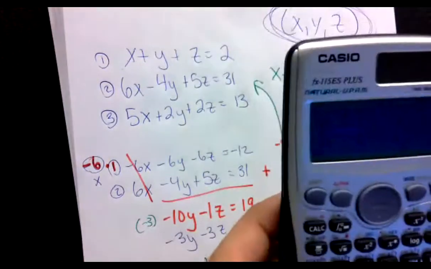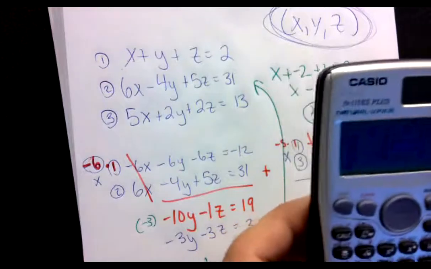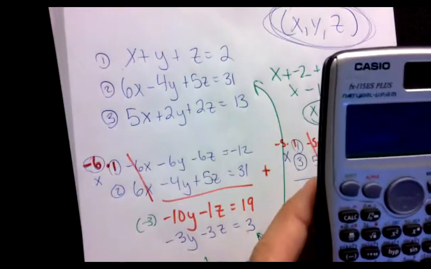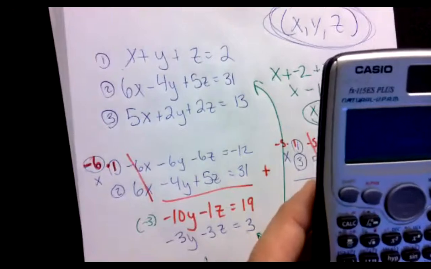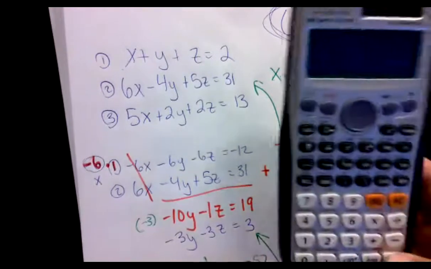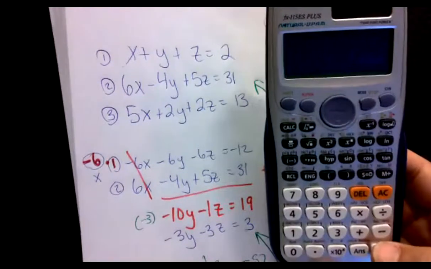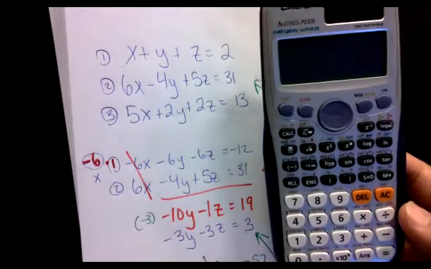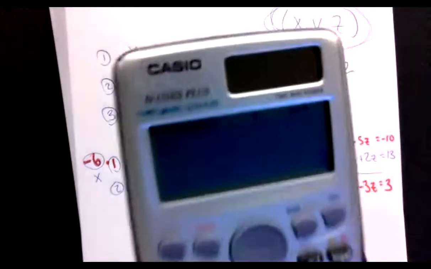So then I'm going to type in 6, and then -4, and then 5, and then 31, and then 5, and then 2, and then 2, and then 13. When it's all said and done, when you've got all your numbers entered in and you hit equals, your calculator is going to tell you, come on, play nice.